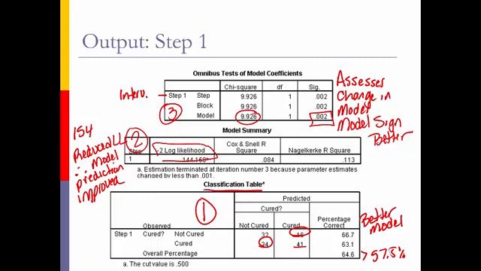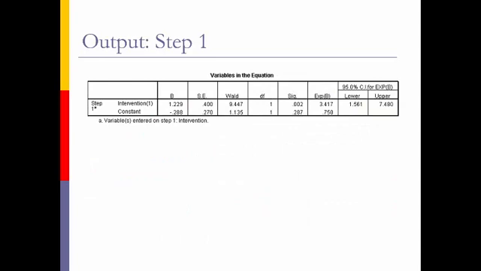But we're going to go ahead and do that here in a second. All right, the next piece is the variables that are in our equation. So this is step one. So again, here we have intervention is the only value that's in the equation other than the constant, because we always have a constant in the equation.